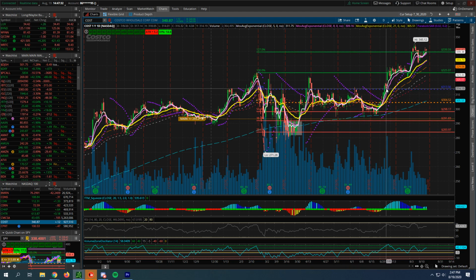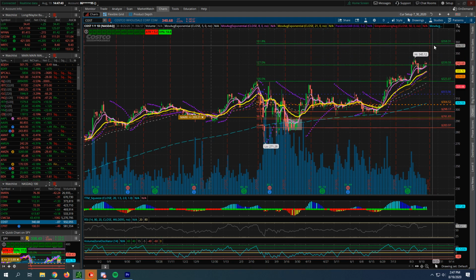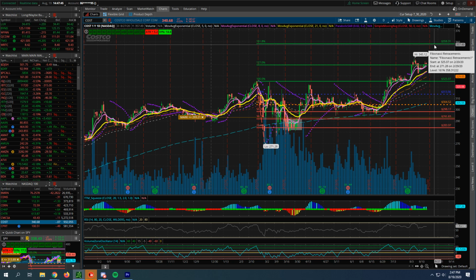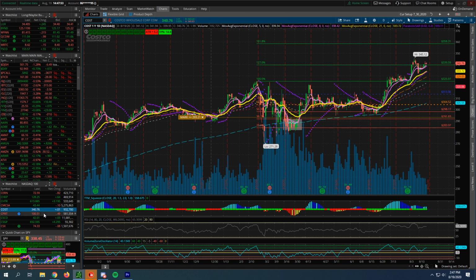The third, fourth, fifth time's a charm, broke through it, hit the next level of the previous high, built a strong base. Guess what? Popped through that. Now building another base, potentially building our way to the 358 price target. To the downside, the 21 and 34 have been really strong support on that one.